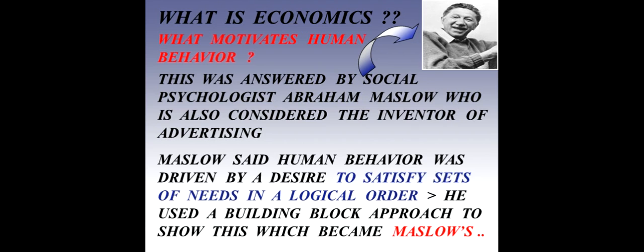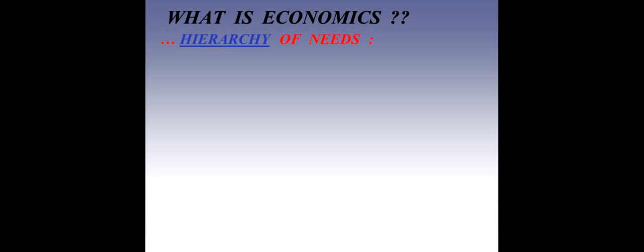To illustrate this, Maslow used a building block approach to show how this worked, and this building block approach became known as Maslow's hierarchy of needs. If you're not familiar with the word hierarchy, let me help out here for a moment with that. Hierarchy, from a part of speech standpoint, is a noun, means organized or classified. Some related words are order, structure. Obviously, the opposite of this would be random or chaos.